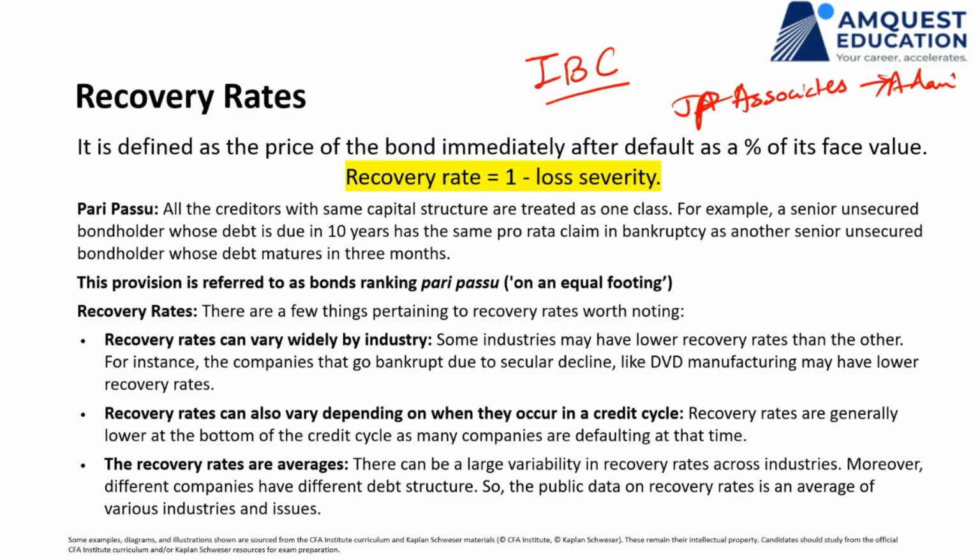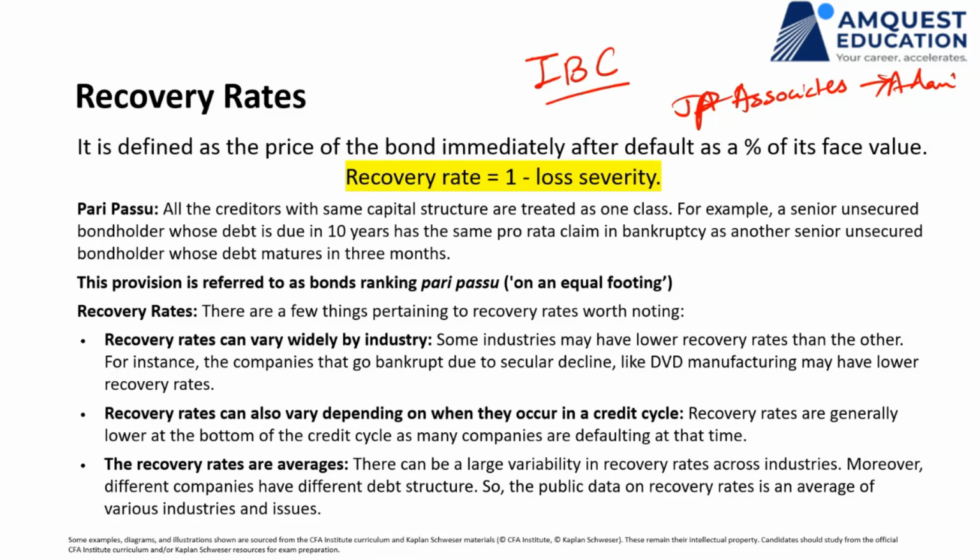Then come recovery rates. There are a few things pertaining to recovery rates worth noting. Recovery rates can vary widely by industry, and some industries may have lower recovery rates than others. So this again is based on the type of industry you're trying to work in. Typically you will see NPAs, non-performing assets, in industries like power, right?